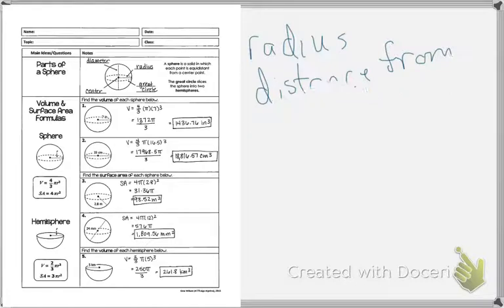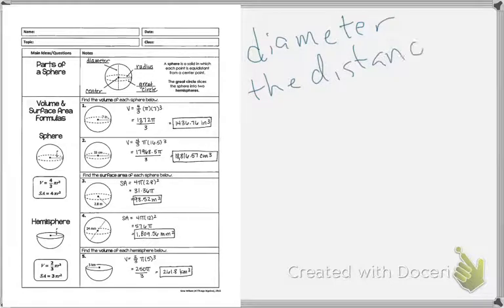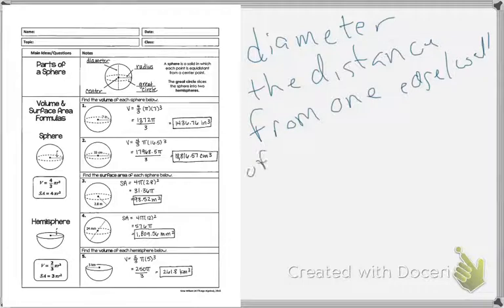Now, if I don't give you the radius, but I give you the diameter, well, the diameter's definition is simply the distance from one edge or wall of a circle to the other.